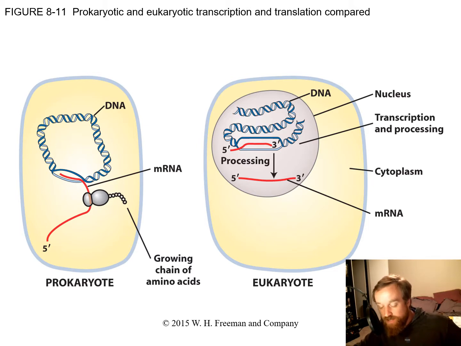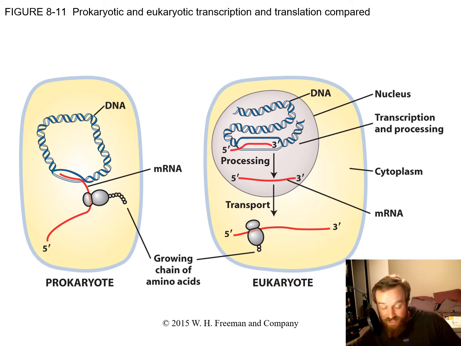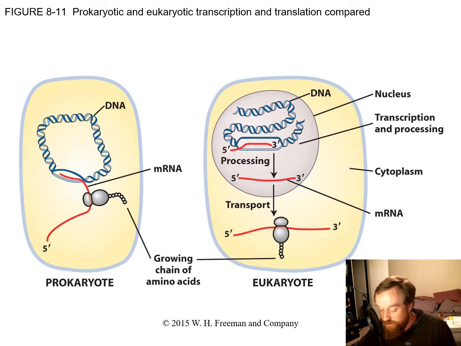Well, in this processing step, all the introns are spliced out via the spliceosome, and the exons are pasted together to form this mature mRNA molecule. Those mRNA then are transported outside of the nucleus to the cytoplasm, where translation can proceed to read that mRNA and grow the polypeptide chain to make a mature protein product.